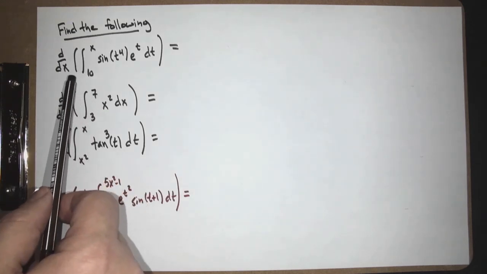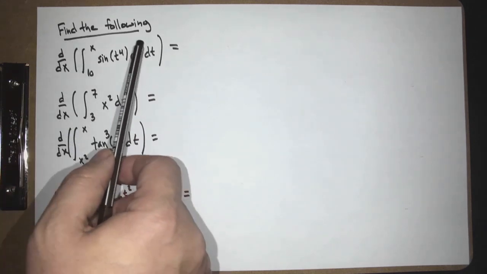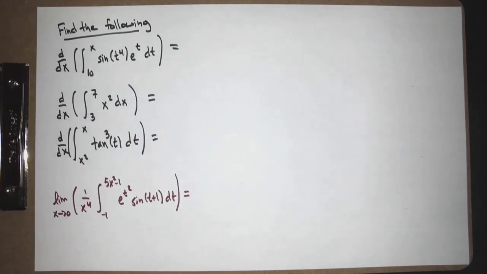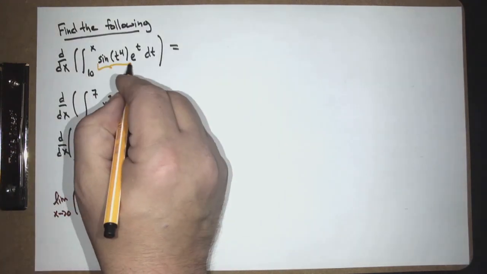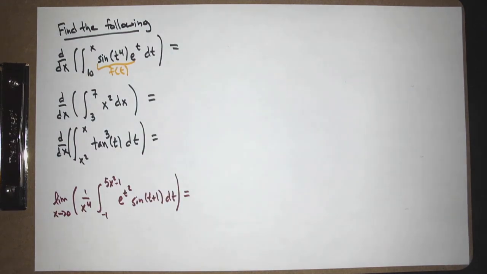Oh yeah, you betcha, so it's a to x. What is this sine t to the fourth e to the t acting as? This is our f of t, right? So what's going to come out of this derivative? Someone said f of x. What is f of x?